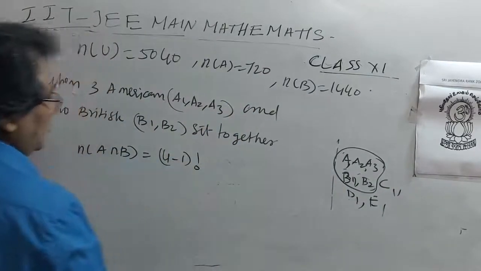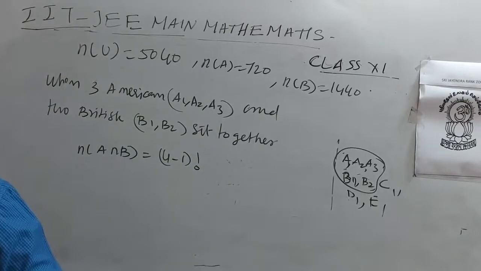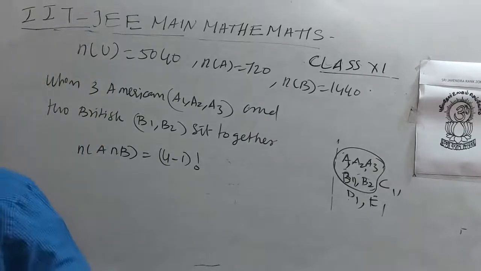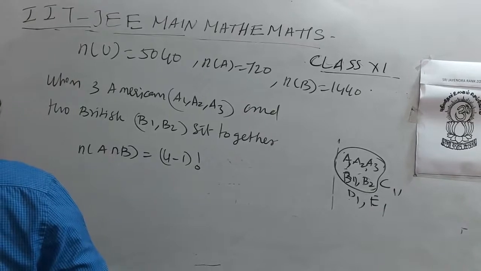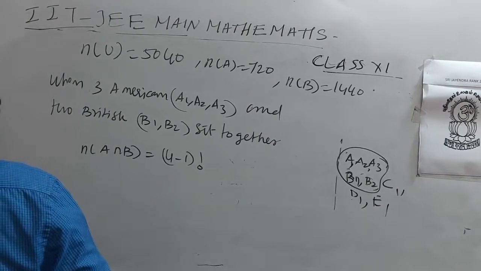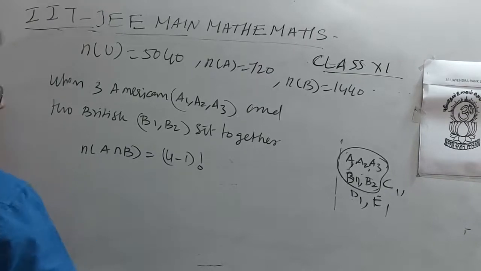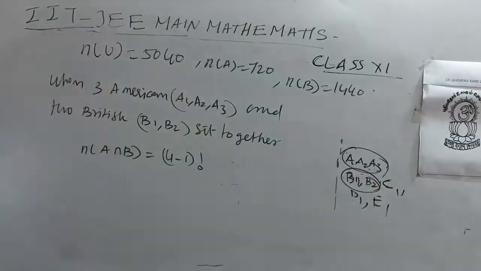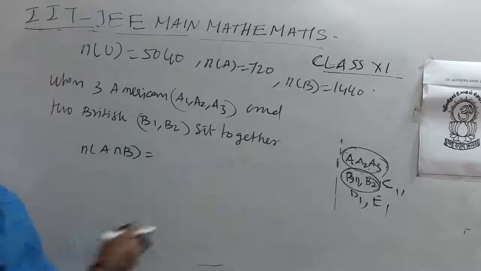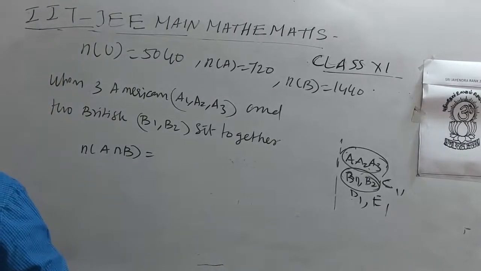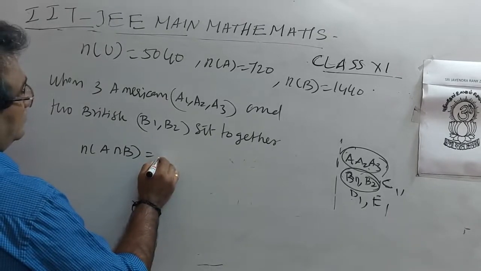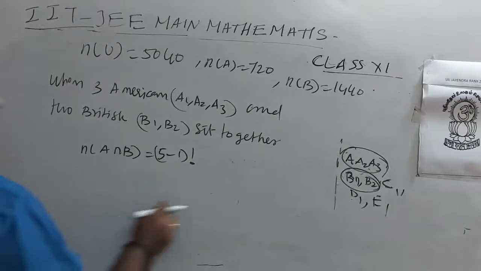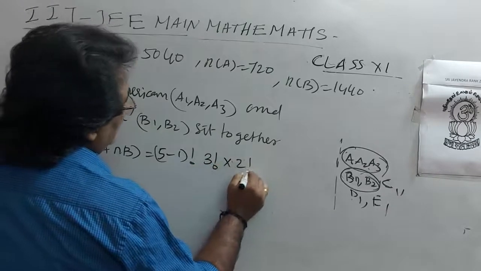So 4 minus 1 factorial, and the 3 Americans can be arranged among themselves in 3 factorial, and the British in 2 factorial.